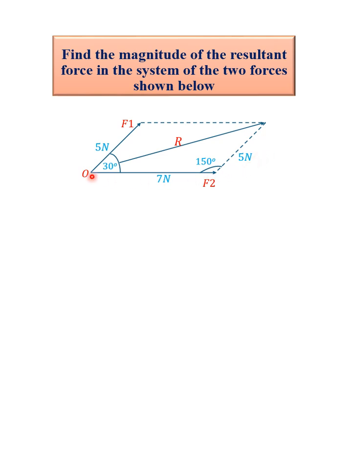Now, if we look at this triangle here, triangle O, R, and F2, we have two sides of the triangle, 7 Newton and 5 Newton, and an included angle. How did we get 150 as the included angle?